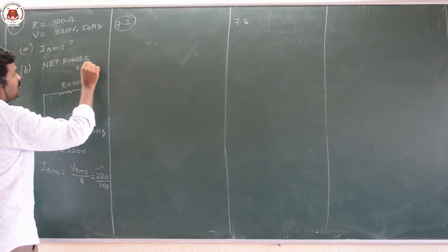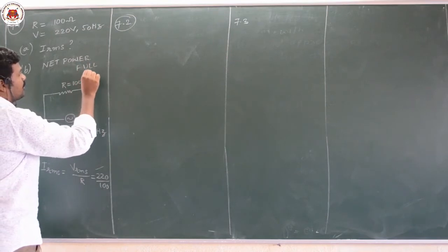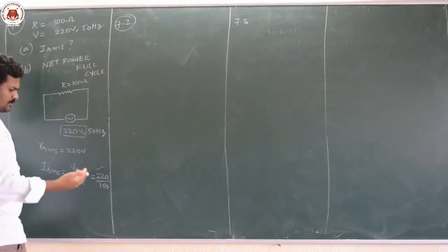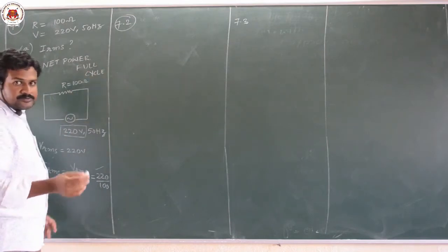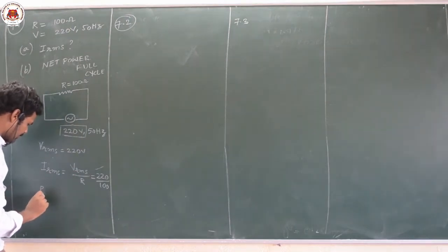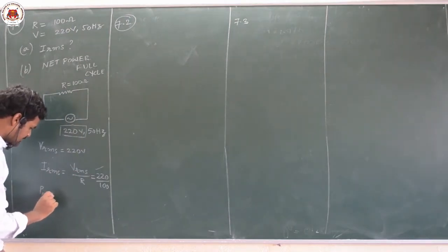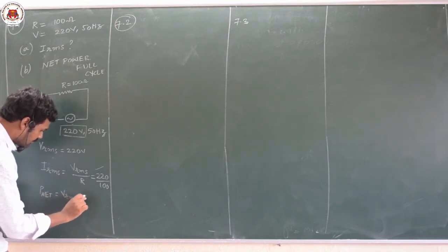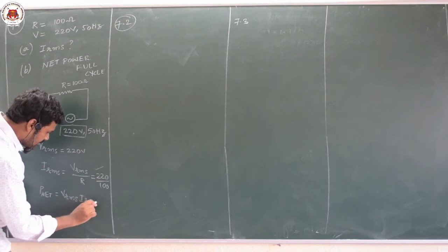What is the net power in full cycle? So the net power formula is VRMS IRMS cos phi.